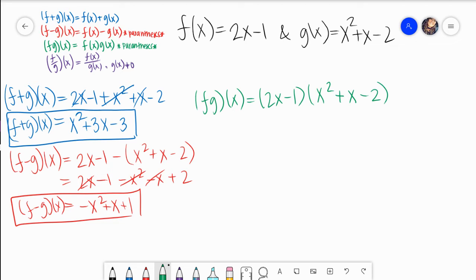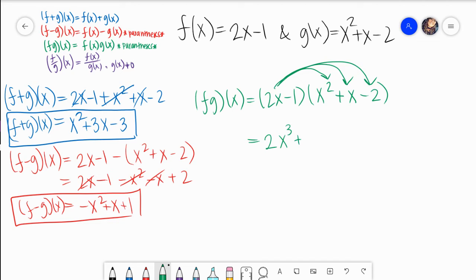We're going to multiply both of these together using distribution. What I mean by that is this 2x is going to multiply everything on the right-hand side. And what we get is 2x times x squared. 2 times 1 is 2.